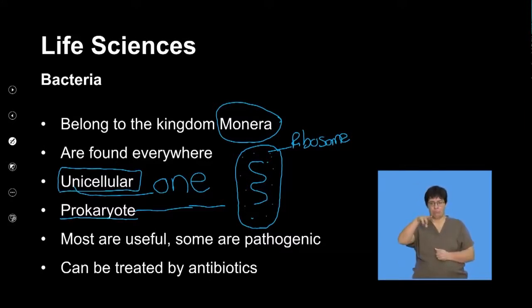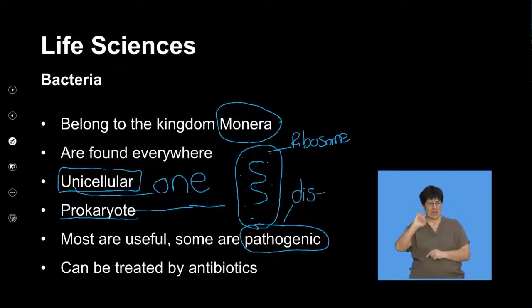So that's where we're looking: prokaryotic. When we come to bacteria, we said most are useful, but remember this term: pathogenic. What does pathogenic mean? They're going to produce disease. Now, the very last point is really important. We're not going to look at it during this lesson, but we're going to look at it in further lessons.